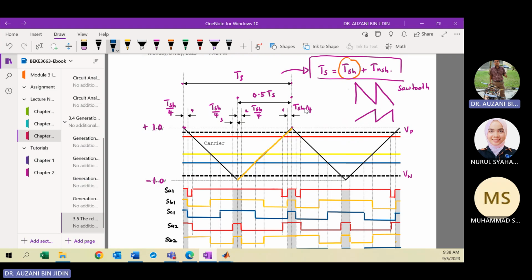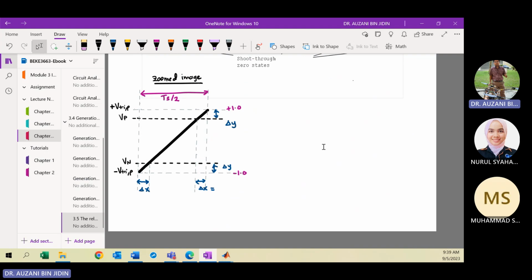So here is the change of x, and also this interval is change of x, where the value is TSH divided by 4. So you can put here the shoot through period divided by 4. Same goes to here. Now our objective is that we want to get the relationship between delta and VP, Vn. Okay, then from here, you need to apply this.